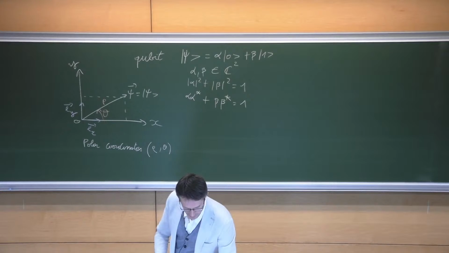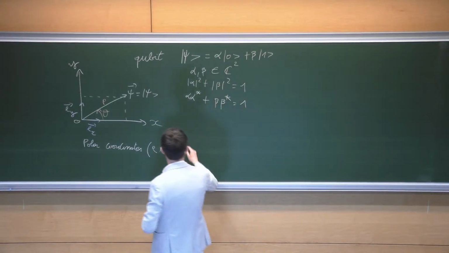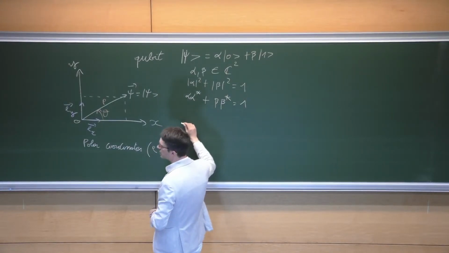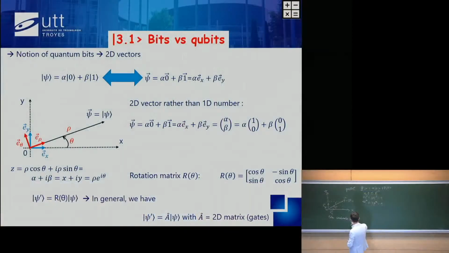Again, this is standard. We did that when we were smaller. So we can define the coordinates rho and theta.